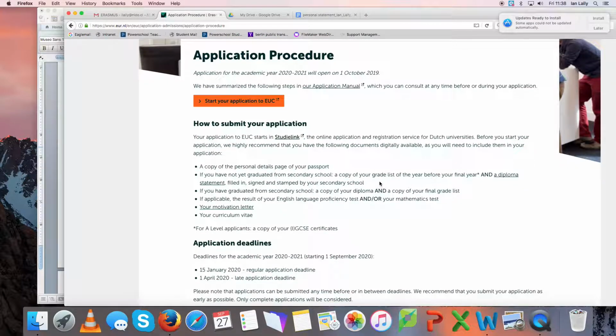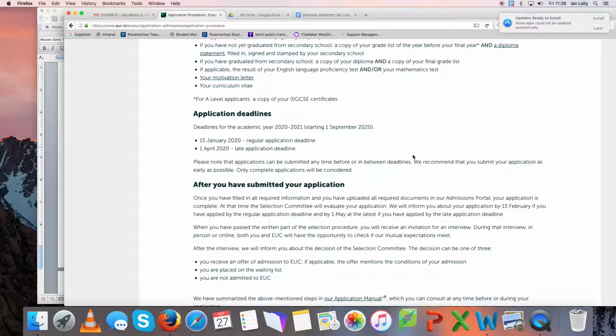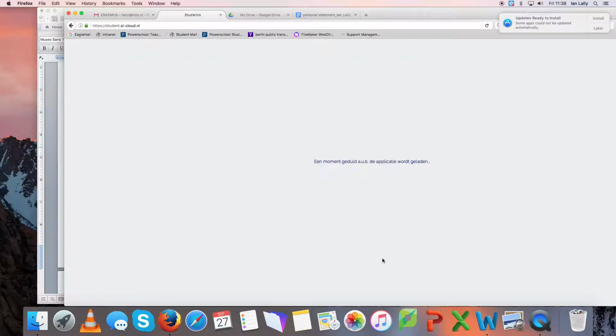There we go. Motivation letter. Likely what you will have to do is start your EUC application. Let's see what it does. There you go. Now it takes us to Studielink.